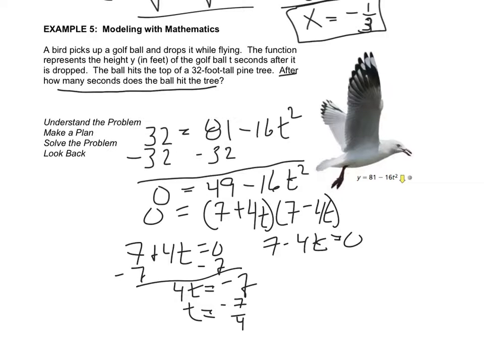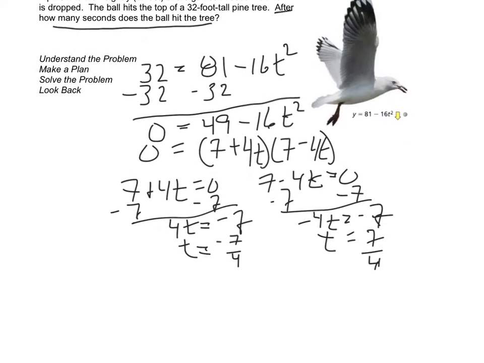And over here, I would subtract the 7 to get negative 4t equals negative 7. And when I divide by negative 4, I'm going to get t equals 7/4. Now I'm hoping right away we can see that there is a little bit of a problem with one of those.